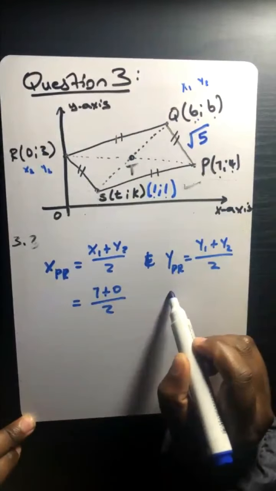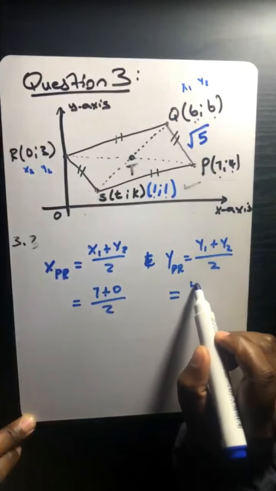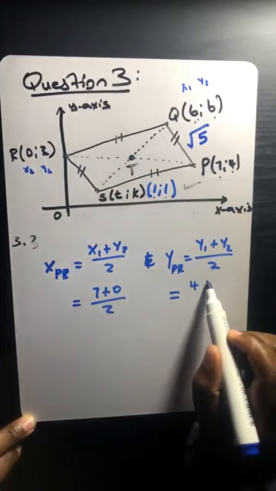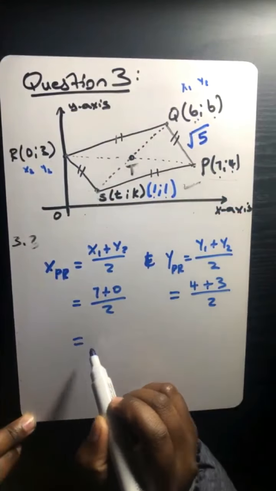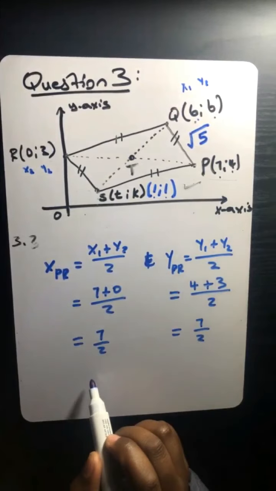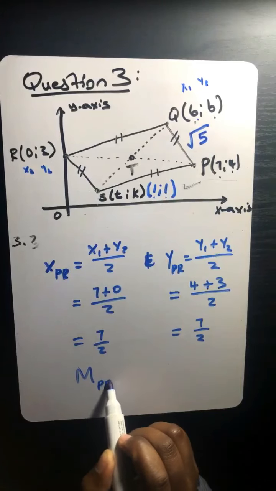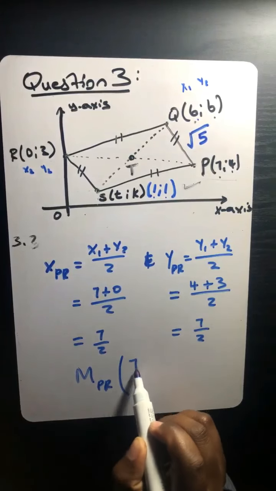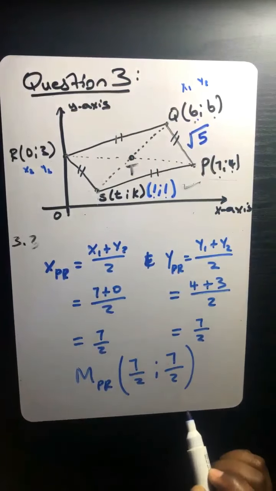And on this side, we have 4 plus 3 divided by 2. So what is this? This is 7 over 2. What is this, guys? This is also 7 over 2. What does it mean? It means the midpoint of PR is actually equal to 7 over 2 and 7 over 2.